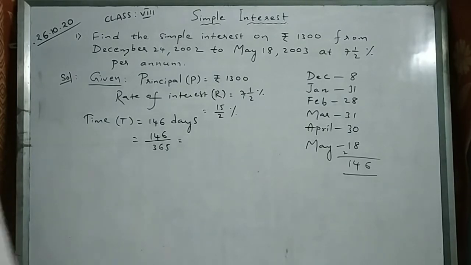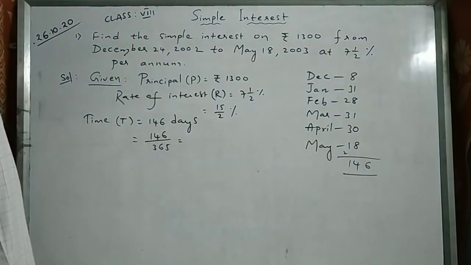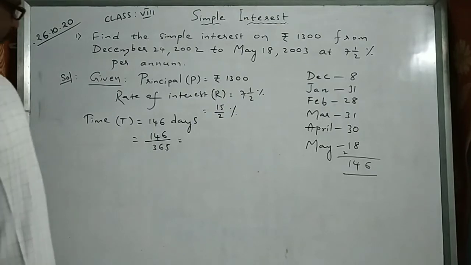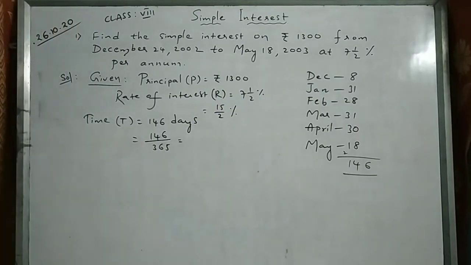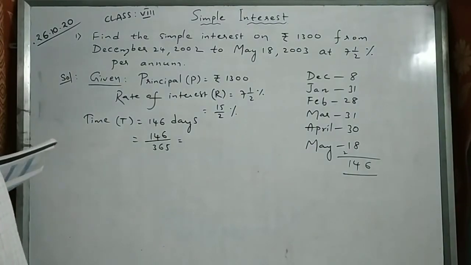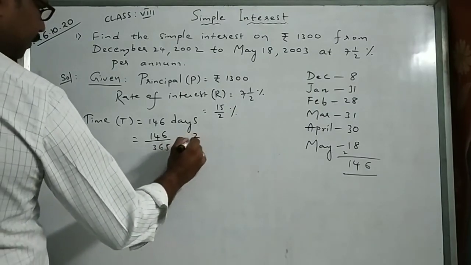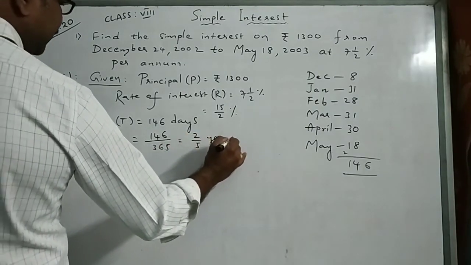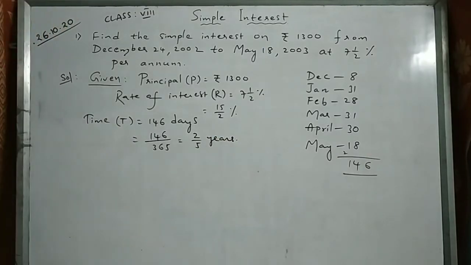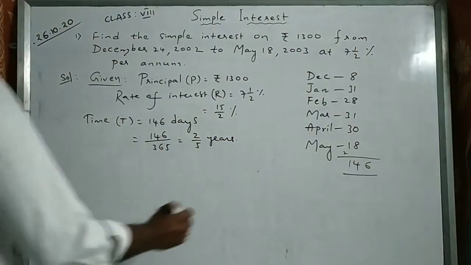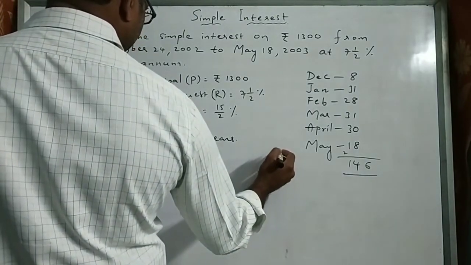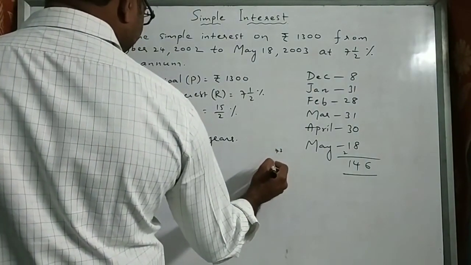Two by 5 you should get. 2 by 5 years we should get. 2 by 5 means which table it is cancelled? 5. 73.